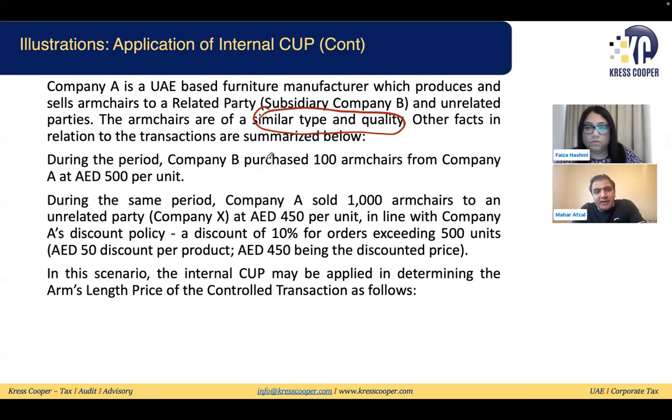During this period, company B purchased 100 armchairs from A at 500. Whatever price A is charging the related party is a different price from what A is charging the third party. We need to make an adjustment to make sure that the transaction is executed at arm's length and the price is the same after making the adjustment that we discussed earlier.